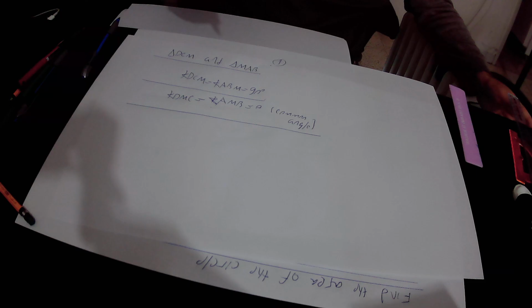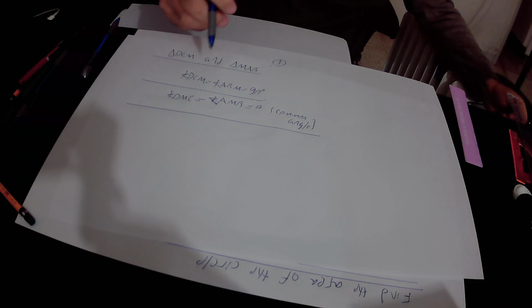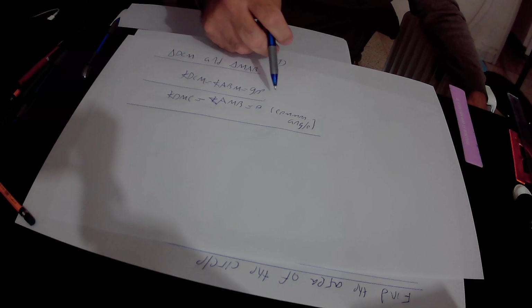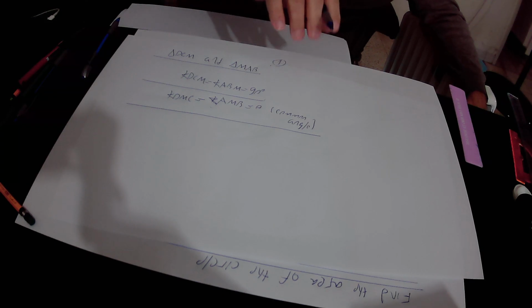Why? Because it is a common angle that belongs to both triangles. Angle theta is angle DMC, which is equal to angle theta, which we can also define as angle AMB.